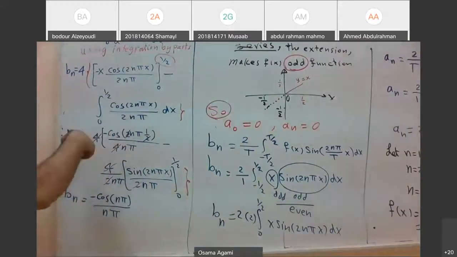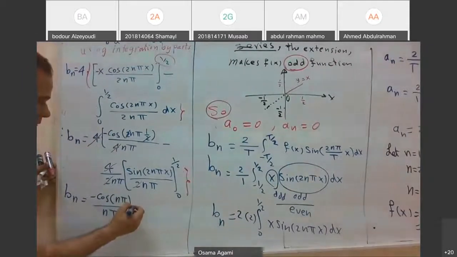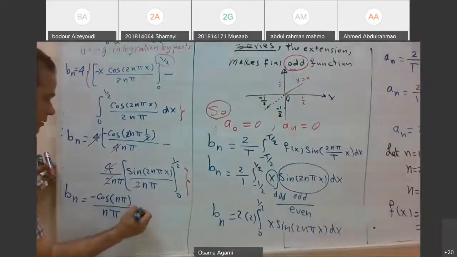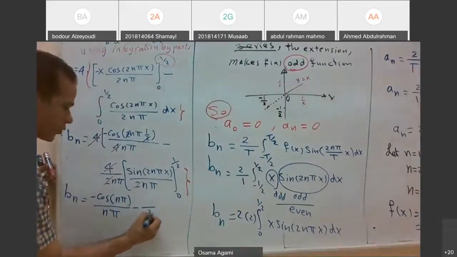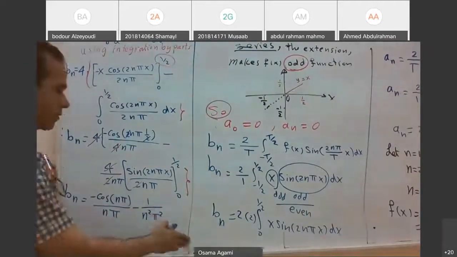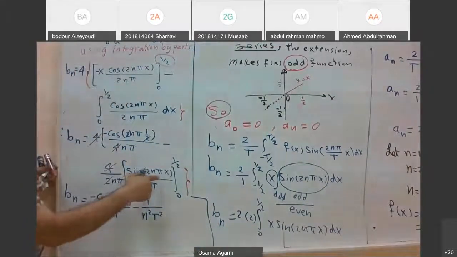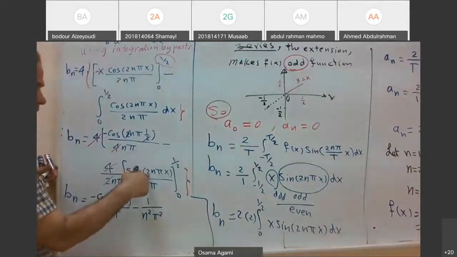This is the first part. The second part: n pi times n pi will be n squared pi squared, right? Now I substitute x by half, so this half will kill this 2.